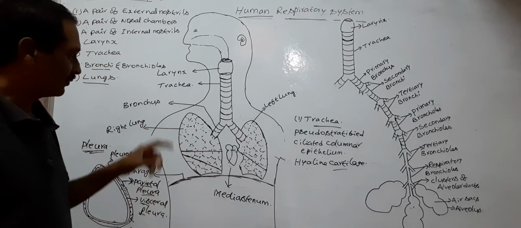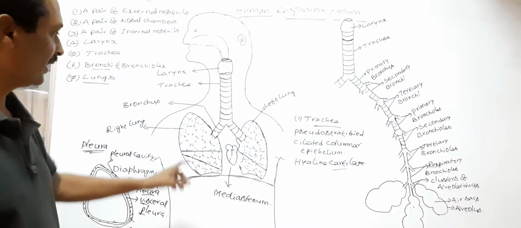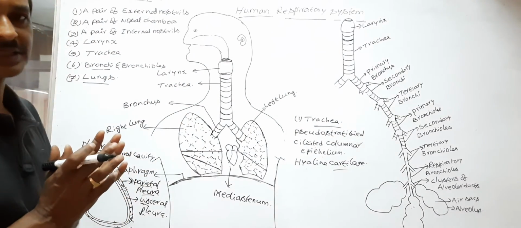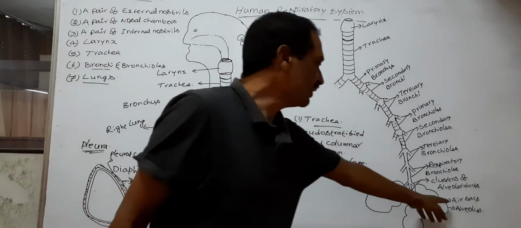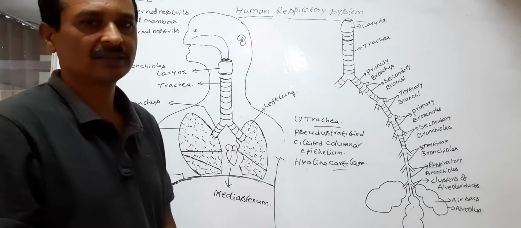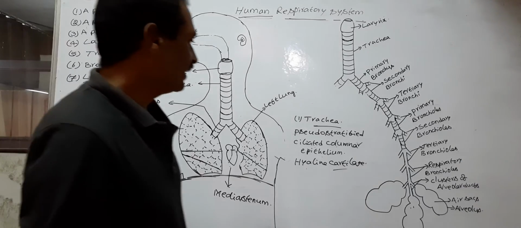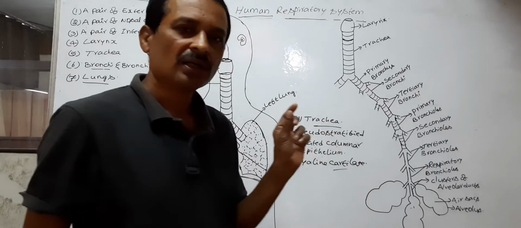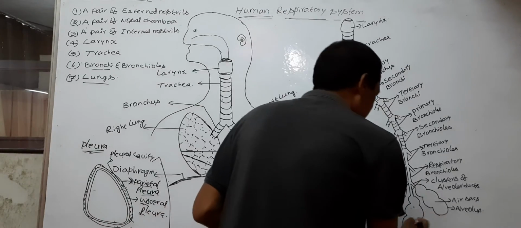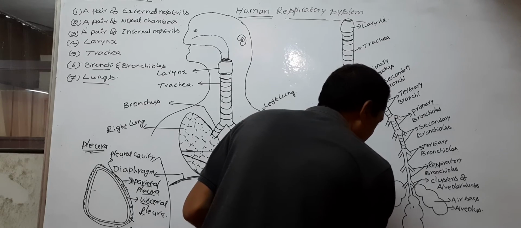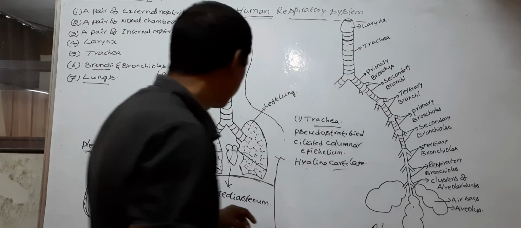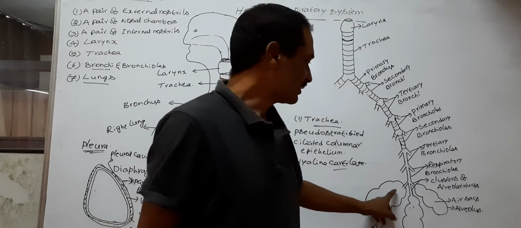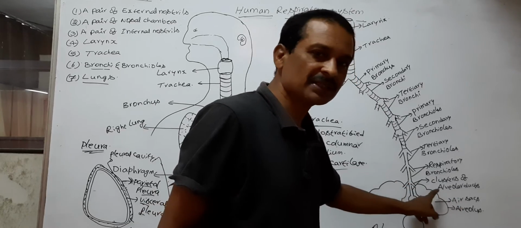Next, the wall of the lungs. The wall of the lungs possesses small sac-like structures called air sacs.